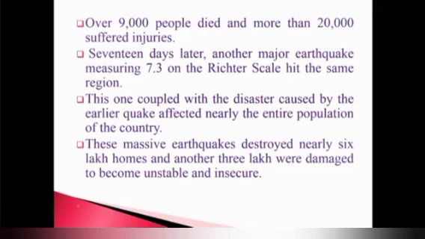This one, coupled with the disaster caused by the earlier quake, affected nearly the entire population of the country. These massive earthquakes destroyed nearly 6 lakh homes and another 3 lakh were damaged to become unstable and insecure.